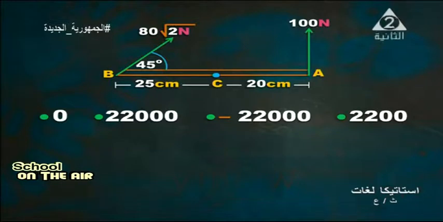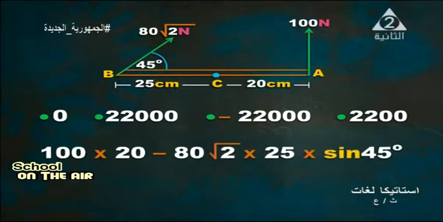It is anti-clockwise, then 100 times 20, plus or minus 80 root 2 times the distance 25 times sine 45. My dear student, look at 100 times 20 minus 80 root 2 times 25 times sine 45.